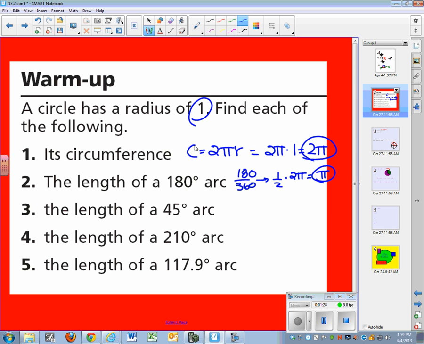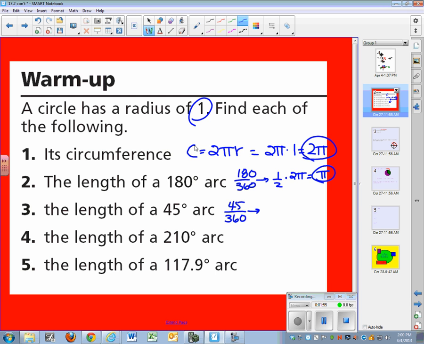Yes, right? Okay, length of a 45-degree arc. So now we need to know what fraction of the circle 45 degrees is. It will be pi over 4 once we get there. 45 over 360 simplifies to what fraction? You guys simplify it. 1/8.